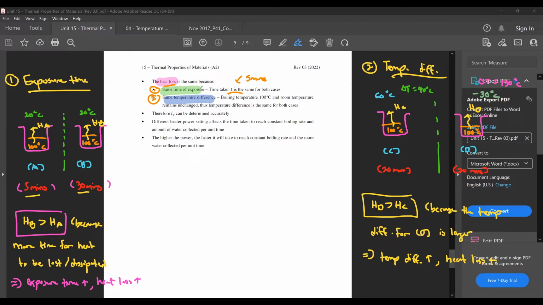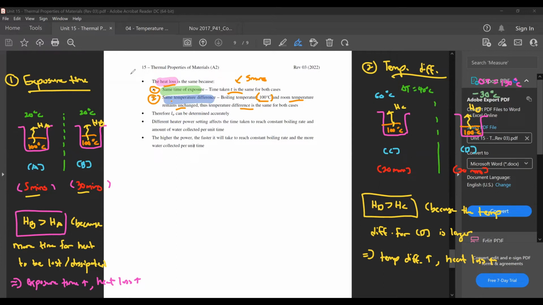When you started to boil the liquid, let's just say it's water right now, the boiling temperature is 100 degrees. And then you conducted the experiment inside the same room, so the room temperature should be the same. The difference between the boiling temperature and room temperature remains unchanged, thus the temperature difference is the same for both cases. So because of these two reasons, you can say that heat loss is going to be the same.